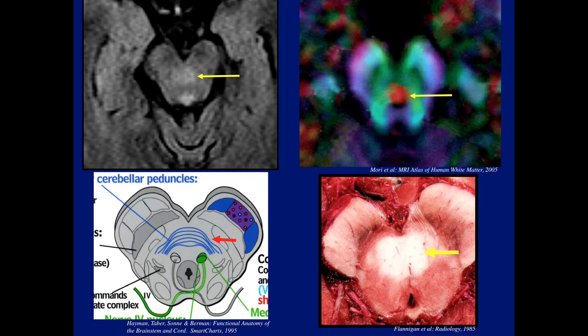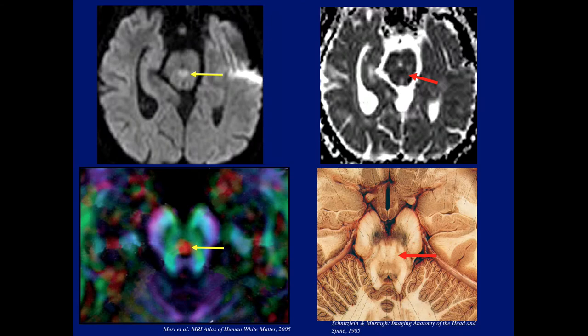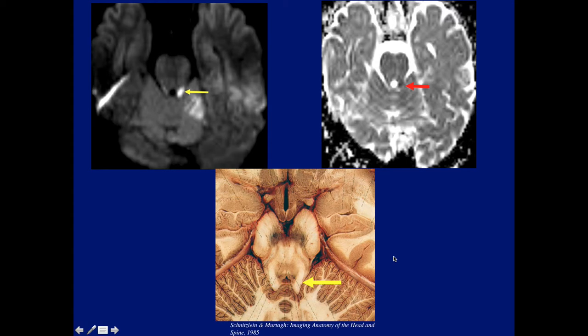So this is a normal structure, not to be mistaken for a stroke. Again, superior cerebellar decussation with some restriction on the DWI and ADC maps, and here it is in the DTI and in the specimen.